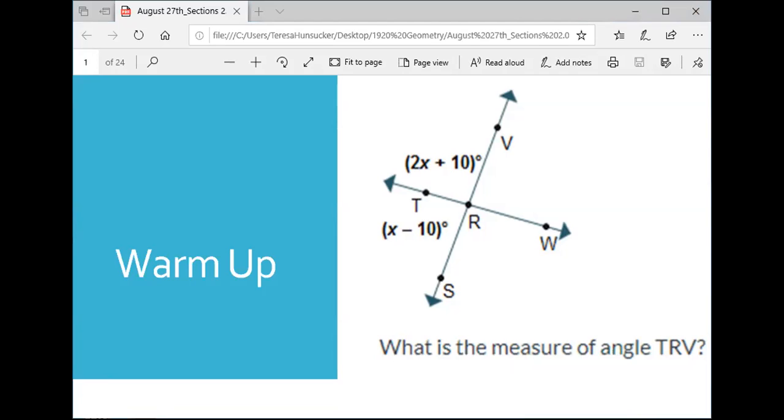All right, 10, 9, 8, 7, 6, 5, 4, 3, 2, 1. Answers in the chat for X, and there you go. The timer's up. All right, we got our answers, right?